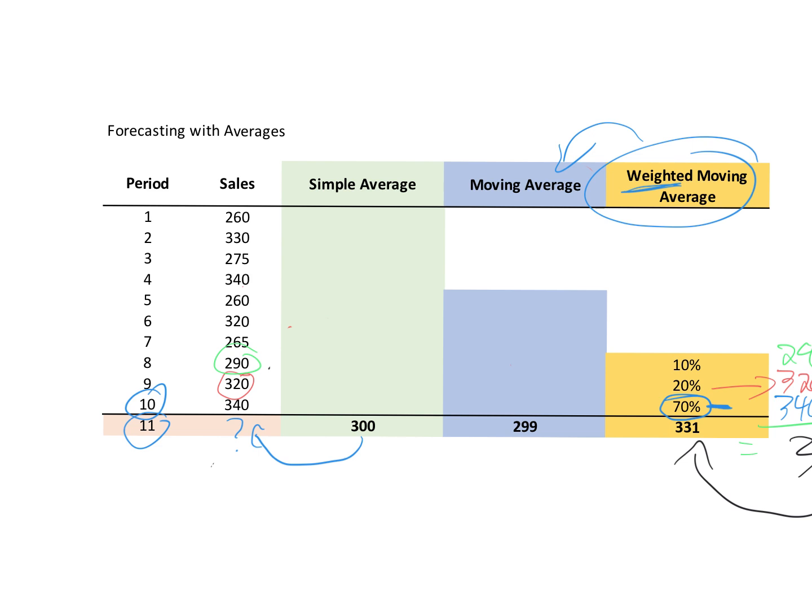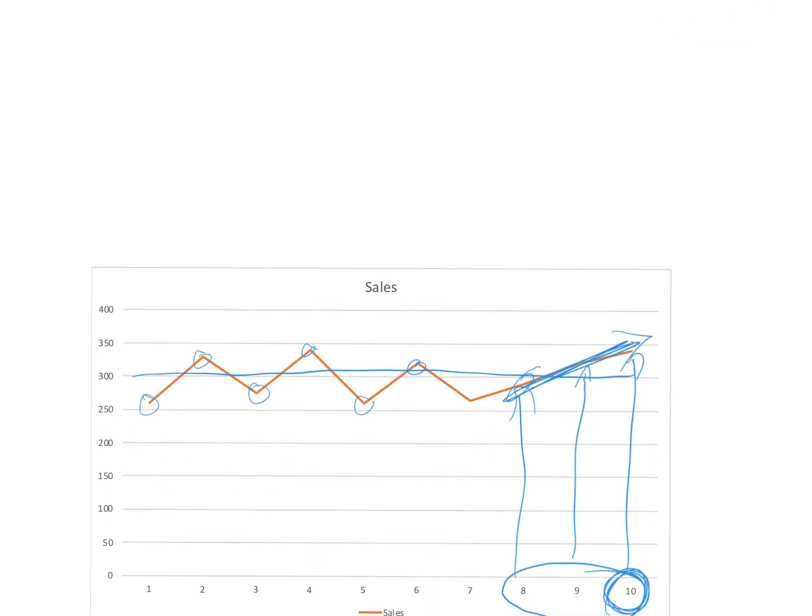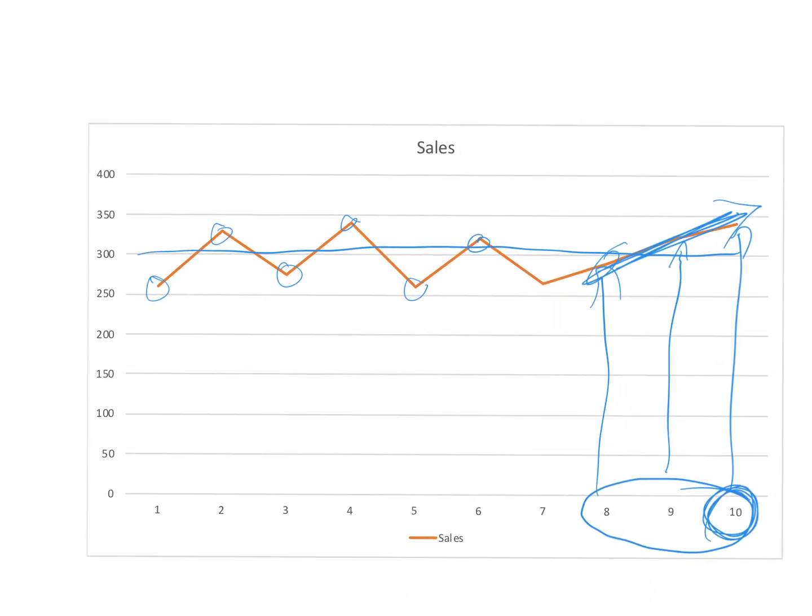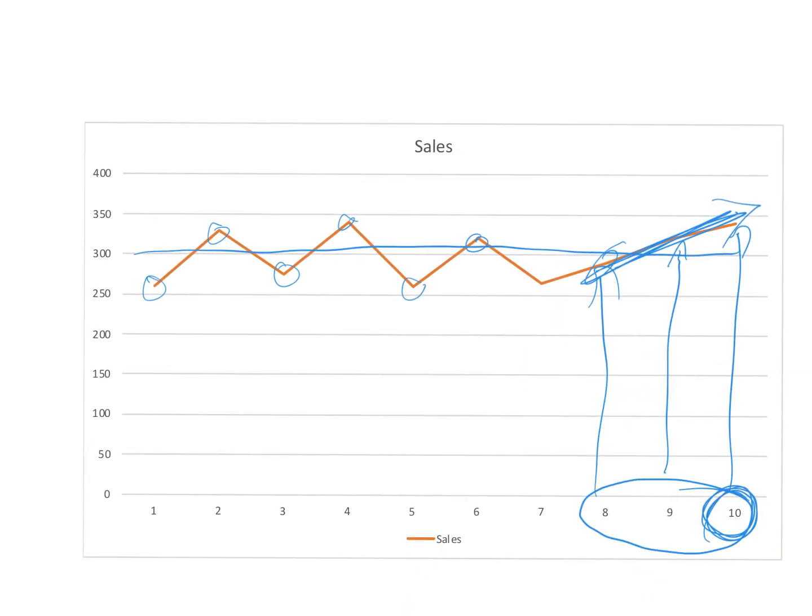Now, before we go, just one important point about when to use averages. In this example, we have a fairly constant experience of sales over time, right? So I'm just going to delete some of this so that we can see a little better.